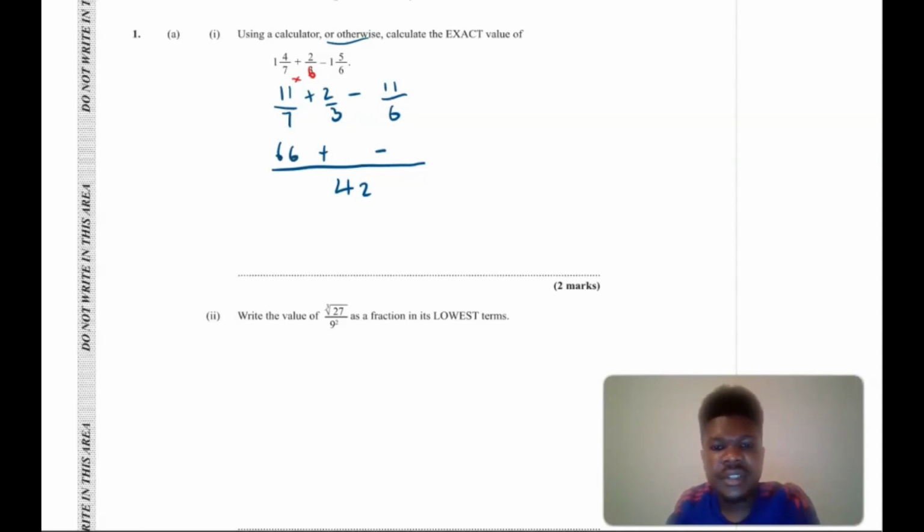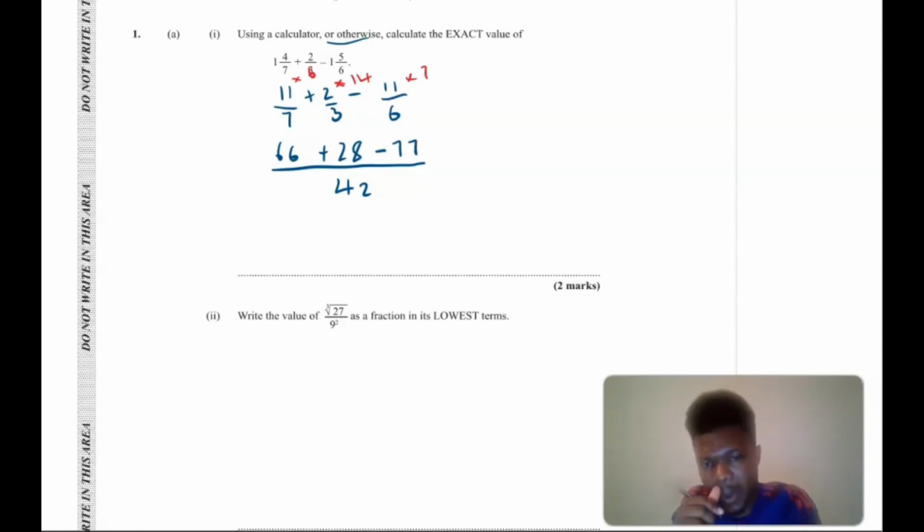And then 3 into 42 goes 14 times. 2 times 14 is 28. And 6 into 42 goes 7 times, so it's going to be 77.